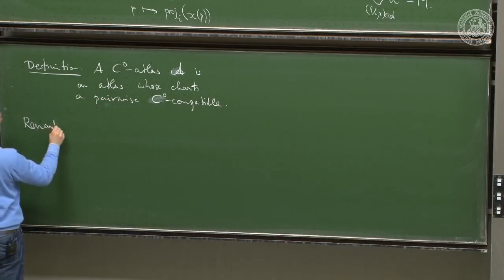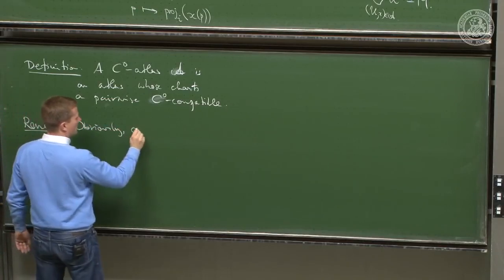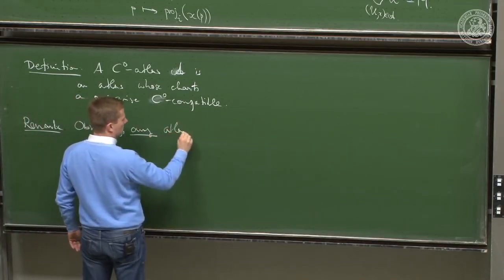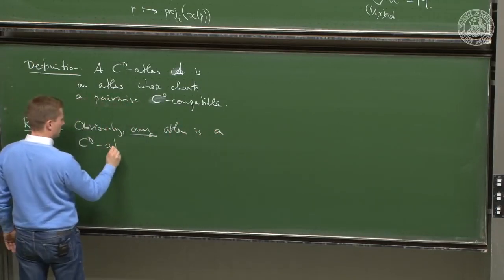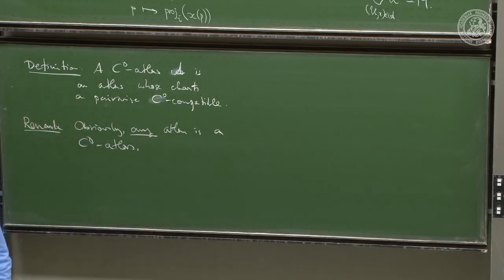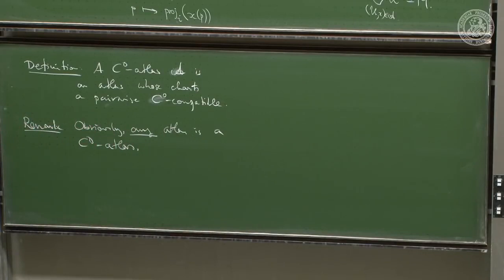So again, remark, I said it before, obviously any atlas is a C0 atlas. That will change later. If we impose stronger conditions on the compatibility of chart maps, of coordinate maps, not every atlas will satisfy these conditions, and that is one way to give extra structure to manifolds, in particular differentiable structure.